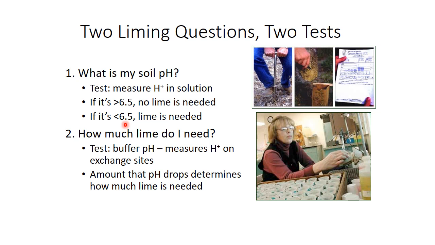And this essentially assesses the amount of hydrogen that is on exchange sites, or the exchangeable hydrogen. And how it works is we add a salt solution, this pH buffer, and this pH buffer contains cations.